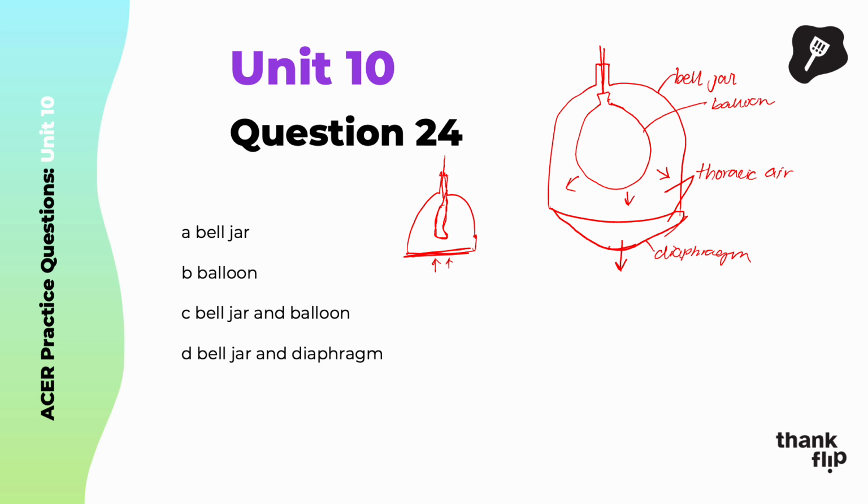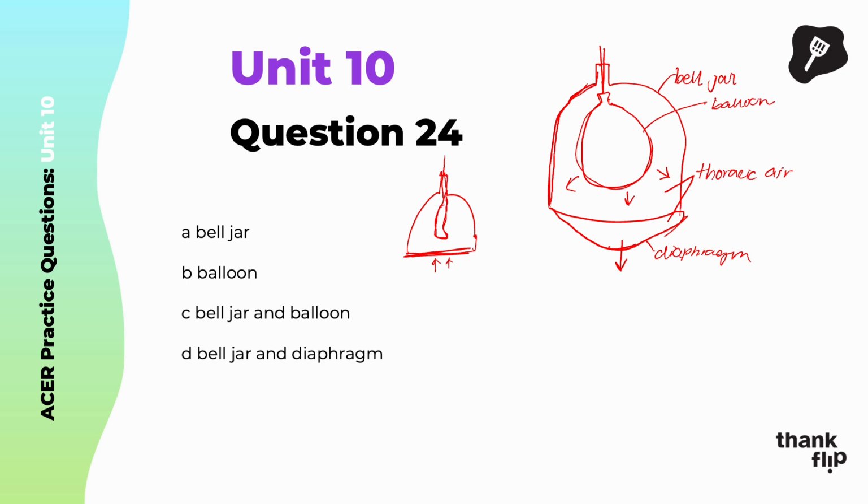And if you want to extend this schematic to real anatomy, you would say that the bell jar is more the walls of the thorax where the lungs reside. The balloon is the lung itself.